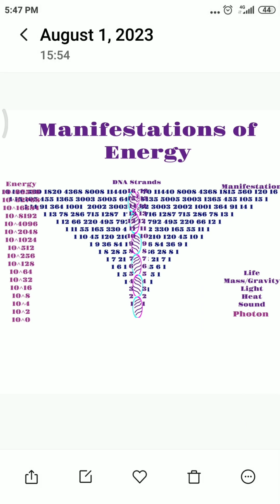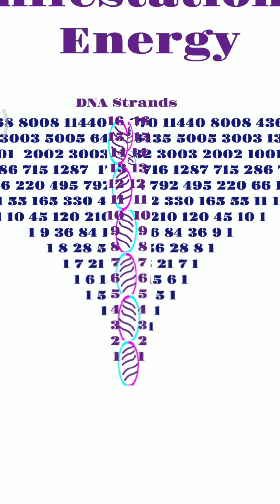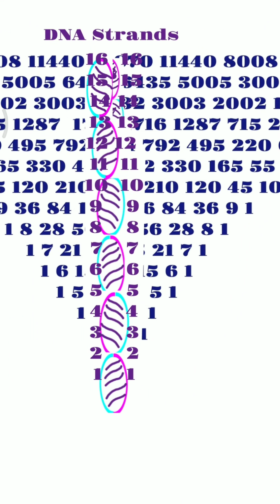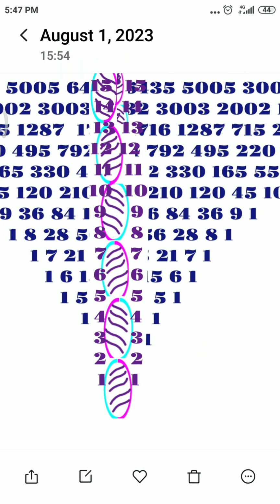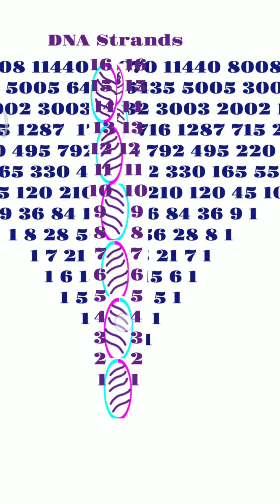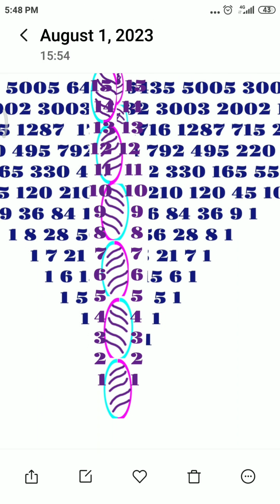We all know how DNA looks like, right? To create that DNA, you need two sine waves which are offset at 90 degrees. So this is one such DNA structure. Each of these, we call them strands, DNA strands.